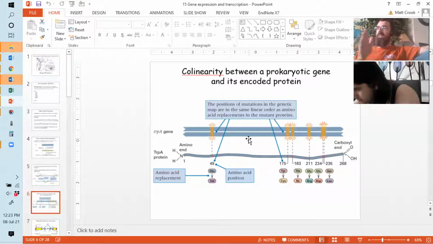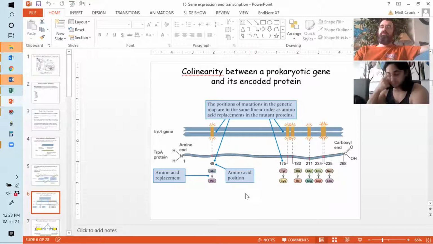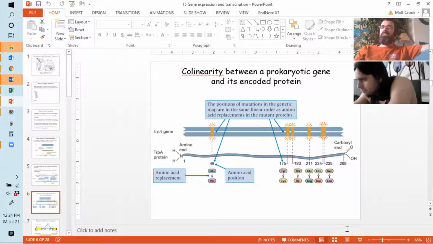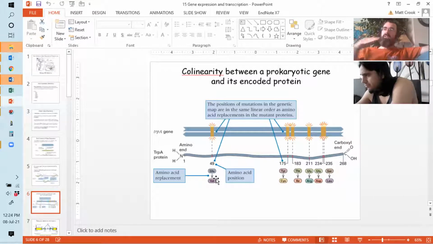So whatever the DNA sequence is, the protein sequence matches that directly, right? So if you have a mutation in the DNA here, you'll have a change in the amino acid here and so on and so forth. That's what these lines are referring to. So that's called collinearity, right? The DNA sequence directly matches up to the protein sequence.